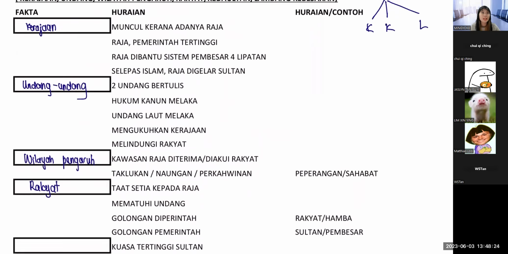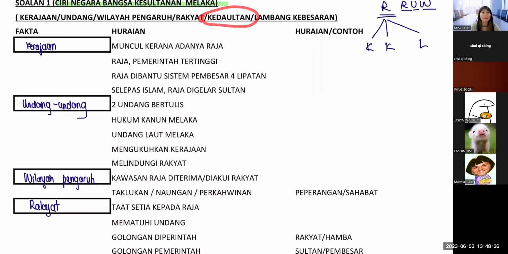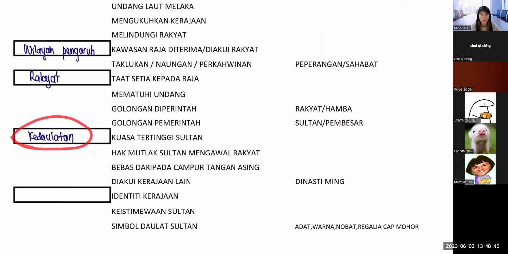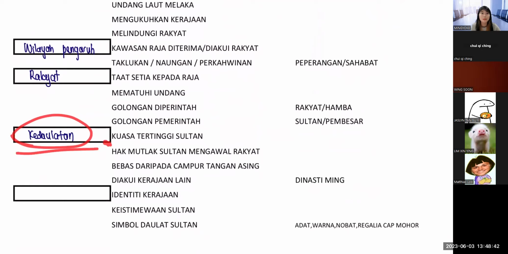Okay. Then we move into kedaulatan. Kedaulatan, you just remember here each one of it already 1 mark. Now, kedaulatan is our sovereignty. According to our sovereignty, kedaulatan bermaksud kuasa tertinggi adalah pada tangan sultan.